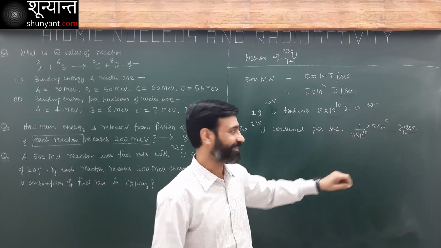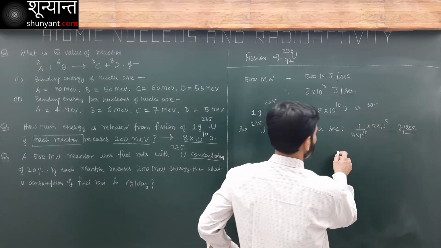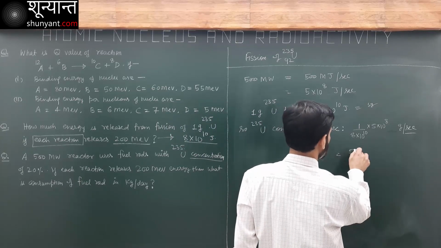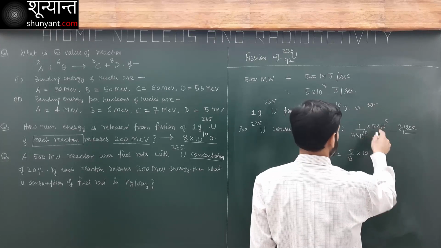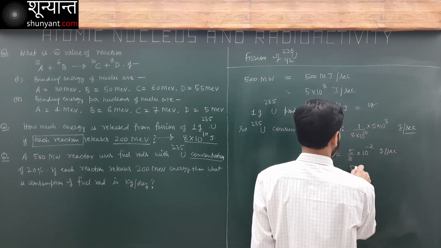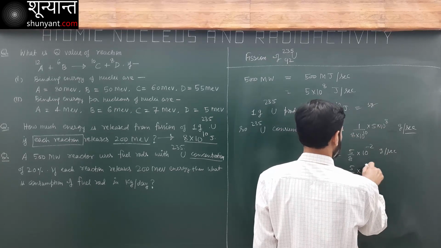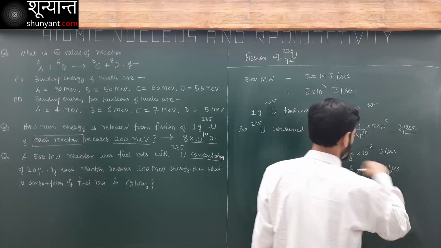There are chances of getting confused. Now, this is going to be equal to 5 over 8 into 10 power minus 2 gram per second. So 5 over 8 into 10 power minus 5 kilogram per second.